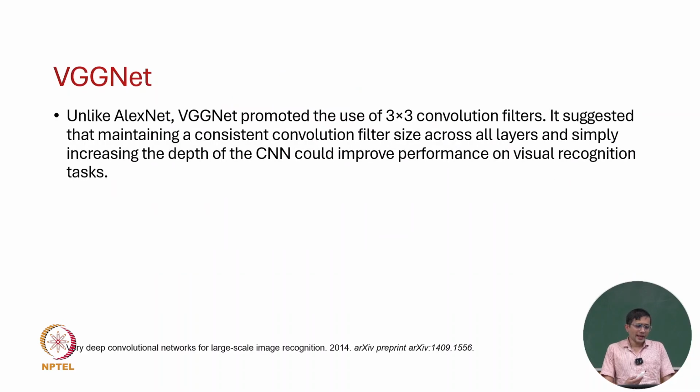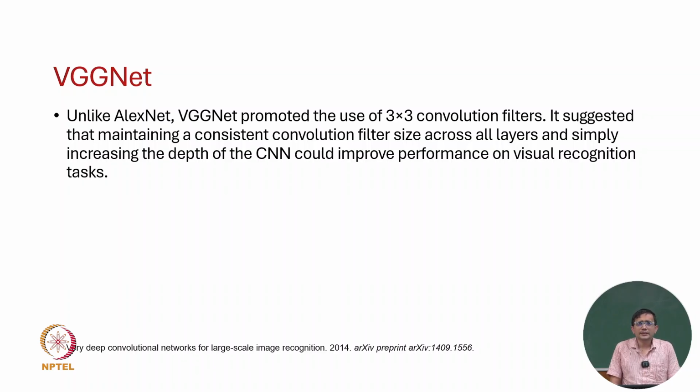So let us move ahead from the AlexNet and talk about a few more architectures. Continuing on the example set by AlexNet, VGGNet was proposed in 2014. However, remarkably, VGGNet did not go for the 11 cross 11 convolution filters that we discussed before.